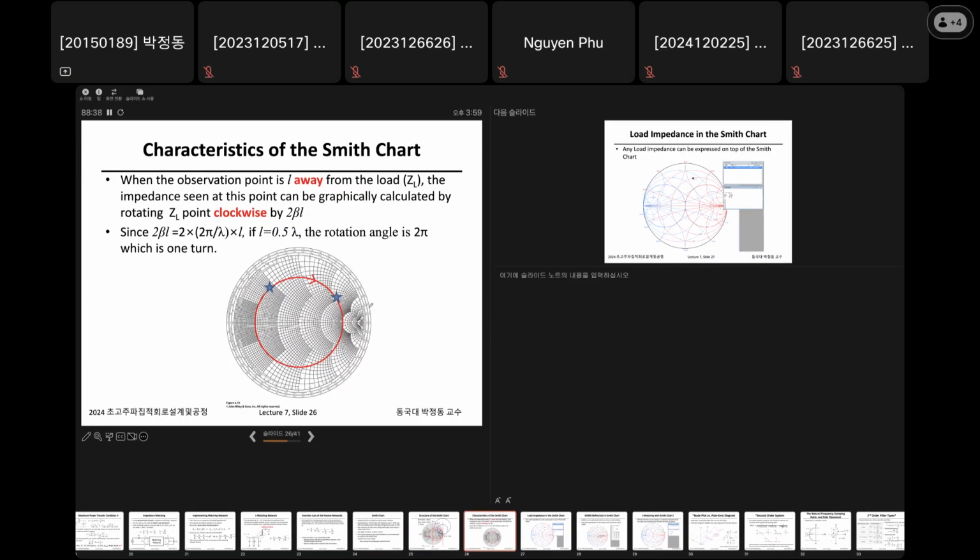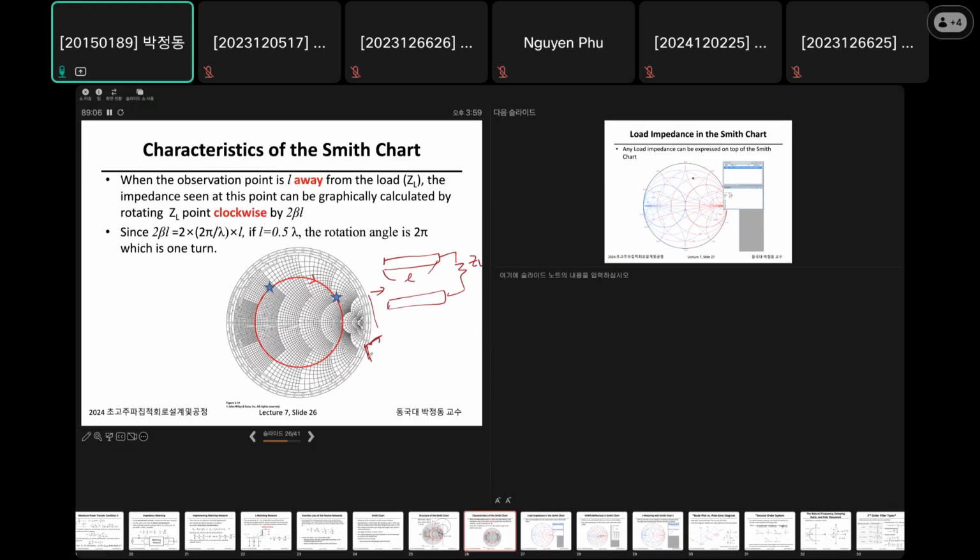As you understand, right? So if you just use a transmission line, and let's say this is the load, and let's say this is a length of L. The impedance seen at this, let's say if I say this is gamma, right?